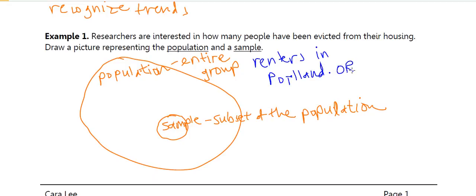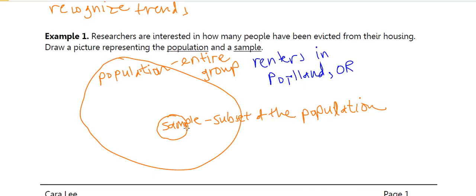We would need more information to make this more specific. But when we're defining things, we want to be as specific as possible. So just as an example, we'll say renters in Portland, Oregon. That's for the population.